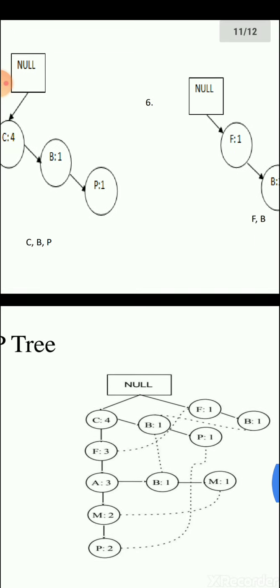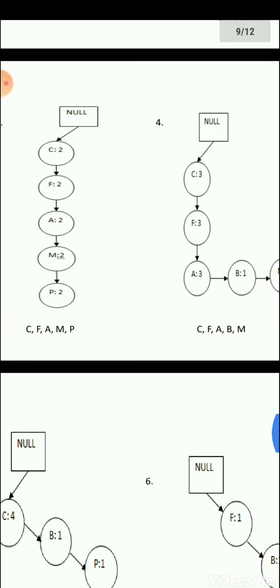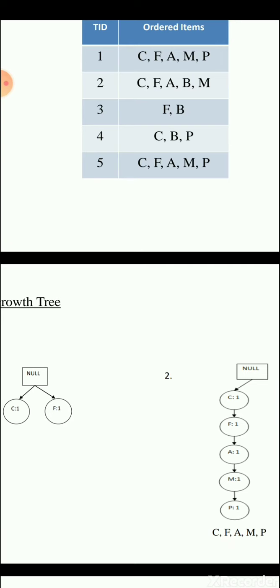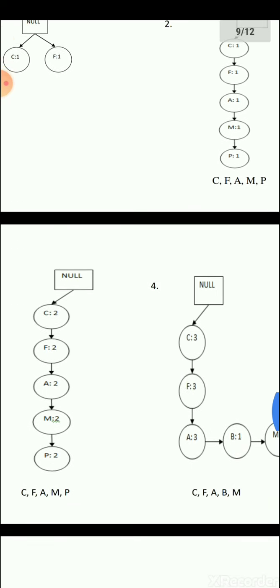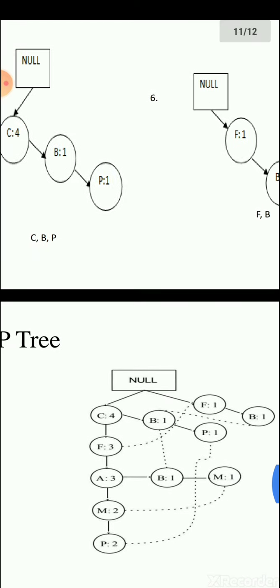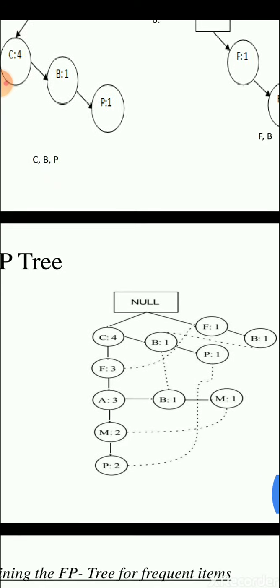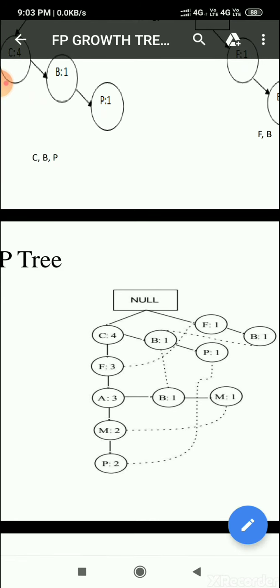After constructing, the whole tree will look like this: C F A M P, and C B P, A B M, everything. If we are going along the same path, you just increase the count. If you want another path, you have to create one. This is how an FP tree is constructed.